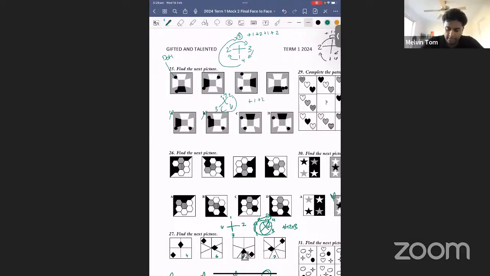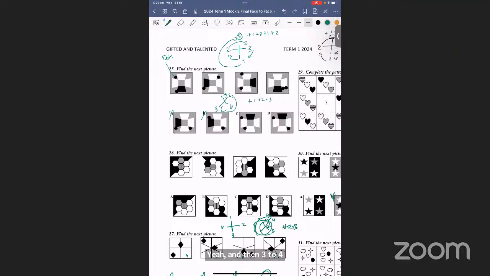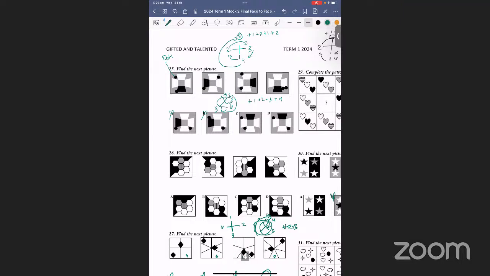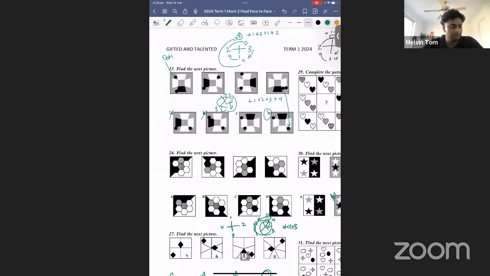And then 3 to 4? 3. Next, 4. So the dot should come back to the exact same position, right? As this, and the answer is? D. All right. You understand?